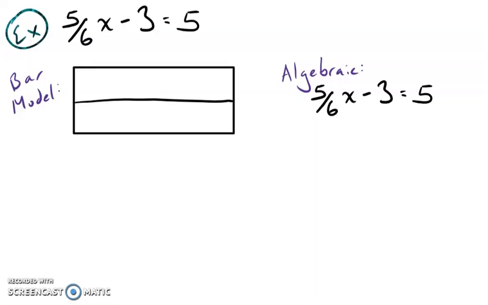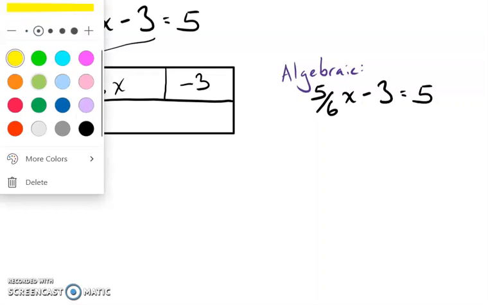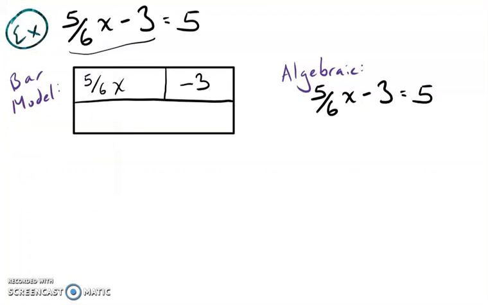So I'm going to start by putting my left side of the equation on that top bar right here. I have 5/6 x. Now I have minus 3. There's a couple ways that you could show minus 3. I'm going to show it like this, and I'm just going to highlight it in a different color. You might wonder, why would I want to highlight this in a different color?